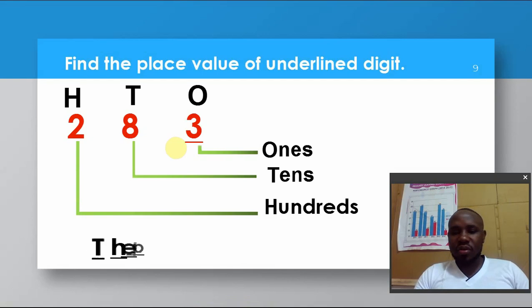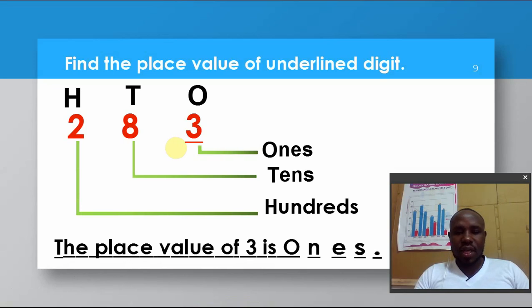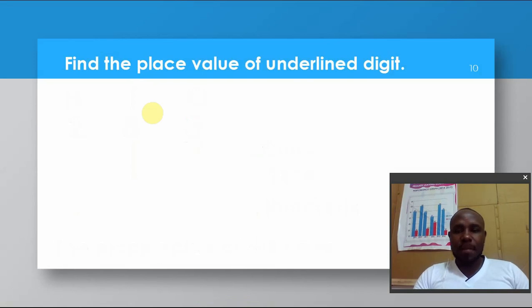Therefore, we can conclude and say the place value of 3 is ones. That's how the lesson is moving on. Okay, class, that's all we had for today. But let me look here. I know you are good learners and you are going to give me the place value of that digit.